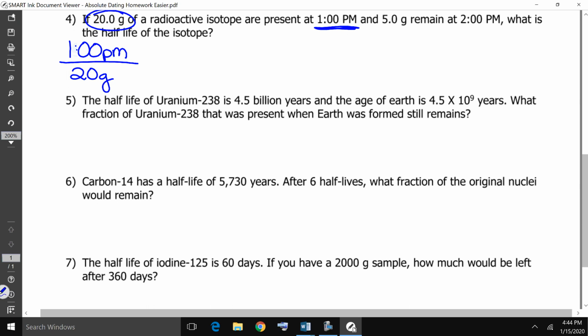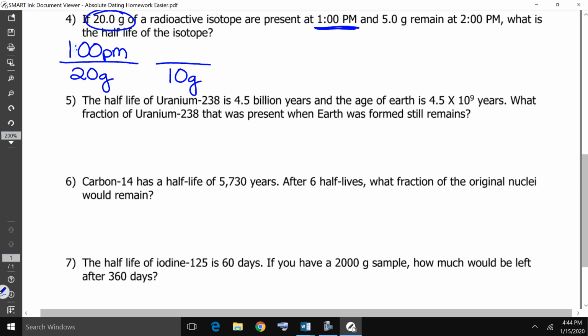Okay? It wants to know what the half-life is. So we don't really know this top part, but we can fill in as we go. So, leaving the top blank, half of 20 is 10.